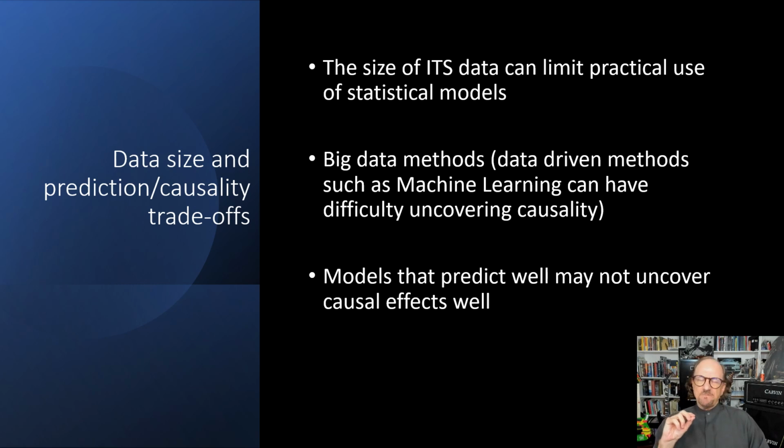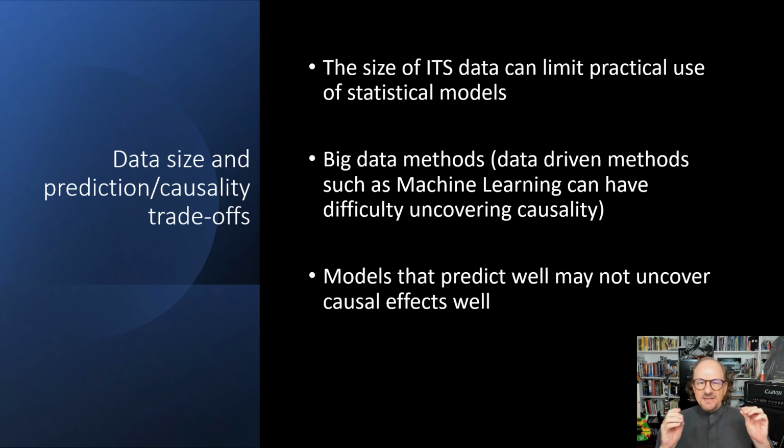The second one is data size and prediction causality trade-offs. So when you think of ITS data, the size of ITS data can limit the practical use of statistical models. Usually when we estimate statistical models, we're talking about a couple thousand observations, but now we have millions upon millions of observations.